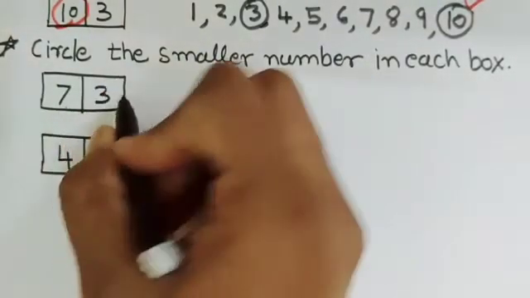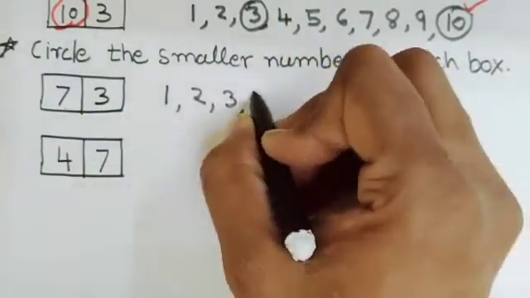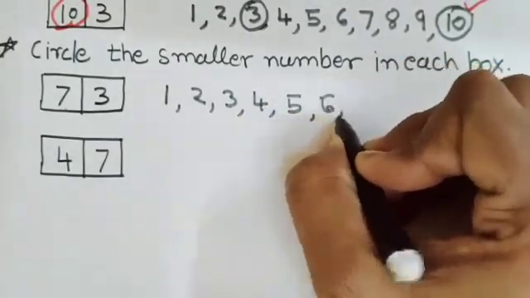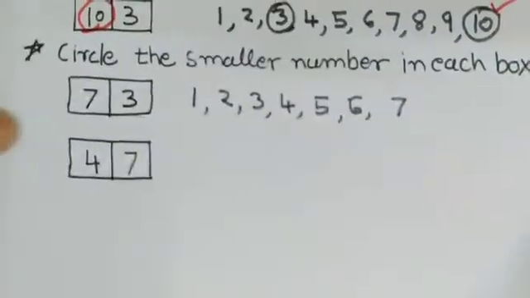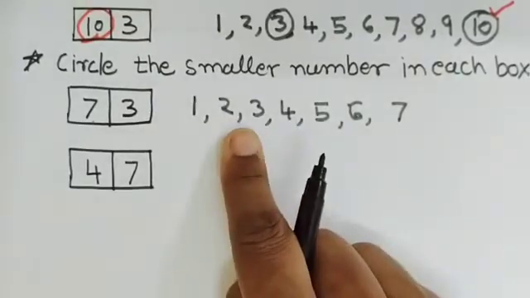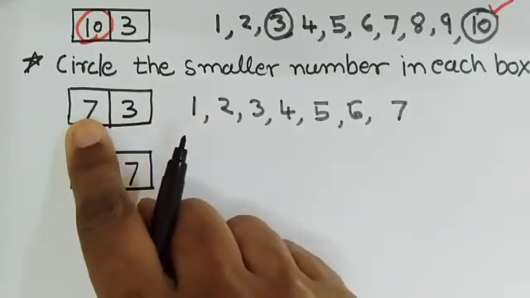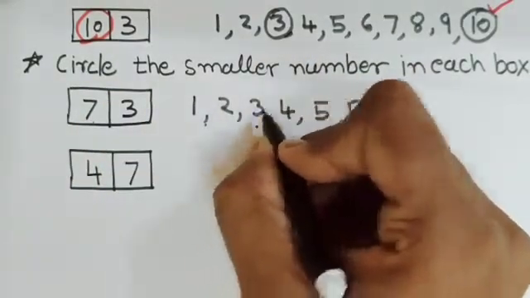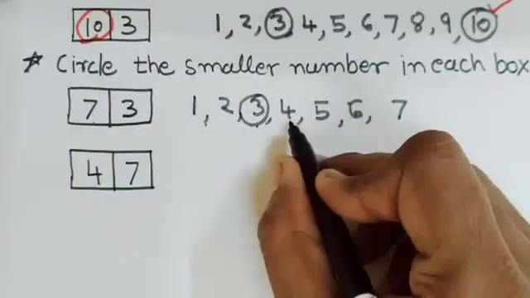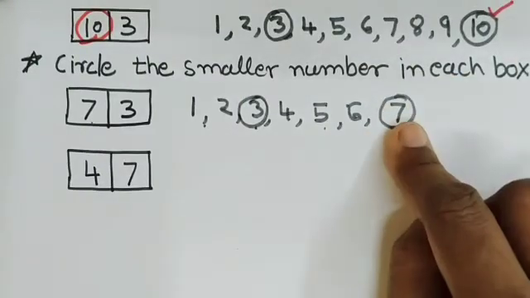Here we have 7 and 3. So we will write numbers till 7. Now children, tell me, first we have to find which number will come before the other. Here 3 and 7. 1, 2, 3, 4, 5, 6, 7. 7 is coming afterwards.